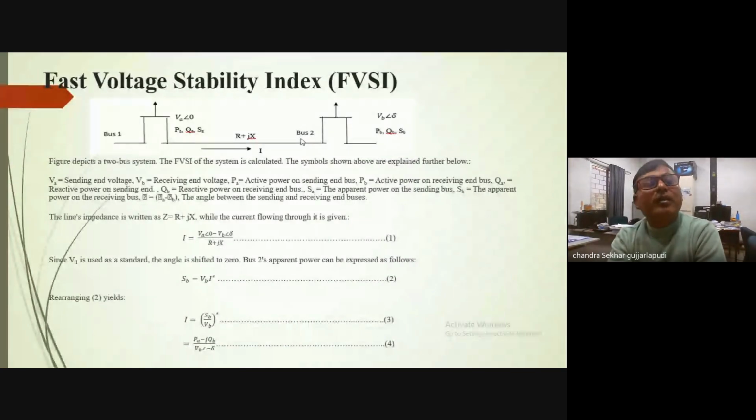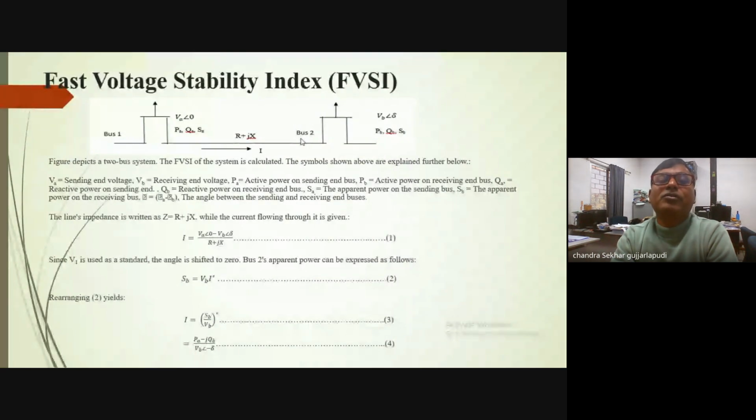For our explanation, we have considered bus number A and bus number B. In bus A, let us consider the voltage is VA at an angle 0, and bus B is VB at an angle delta.